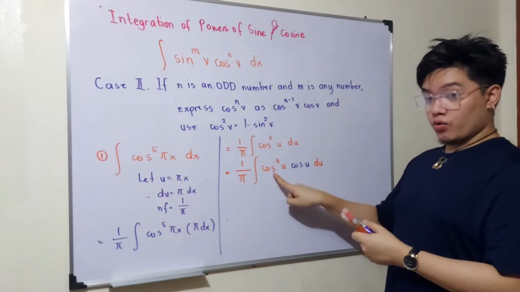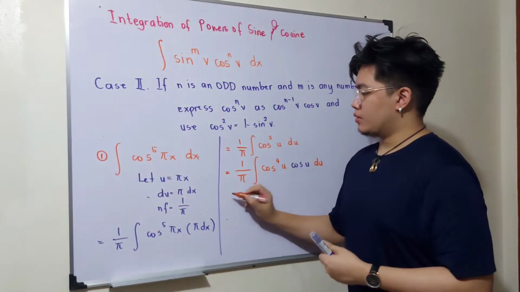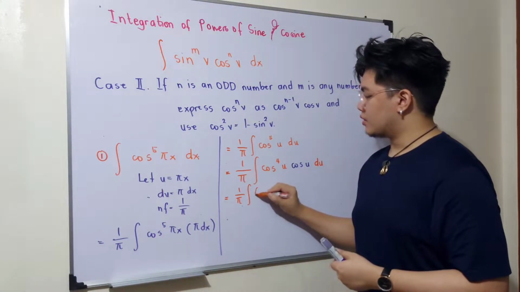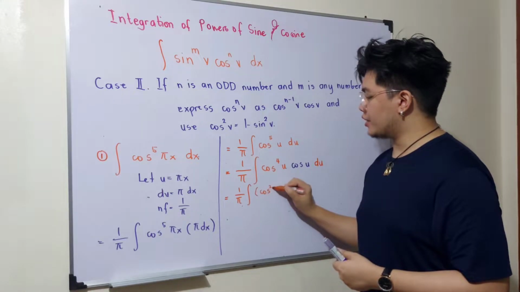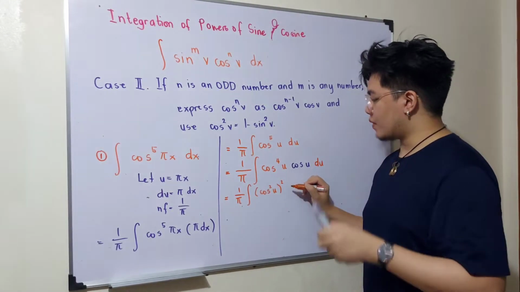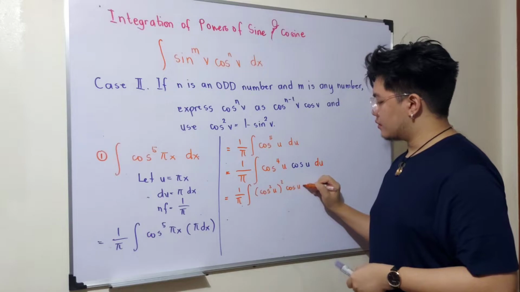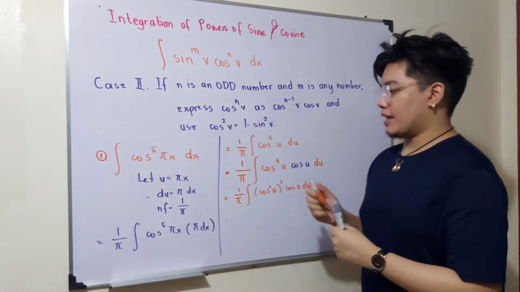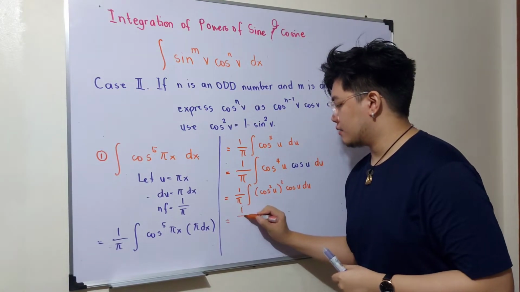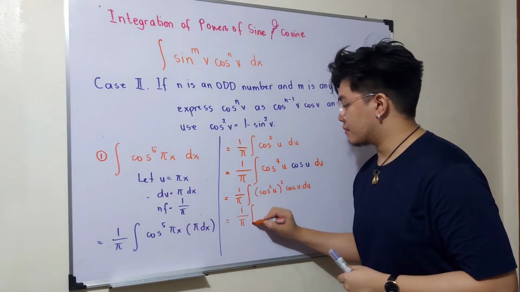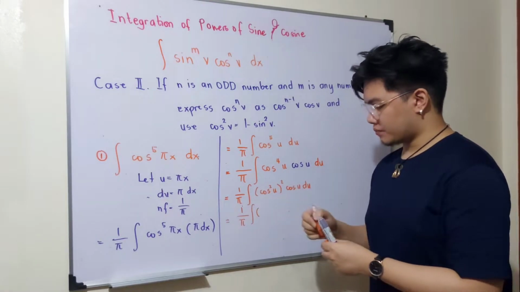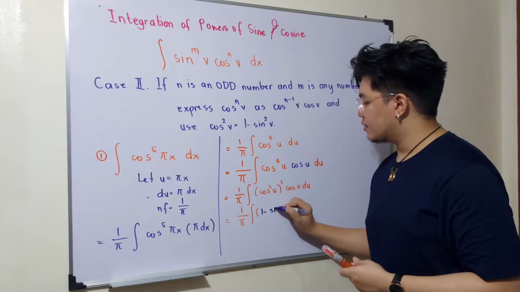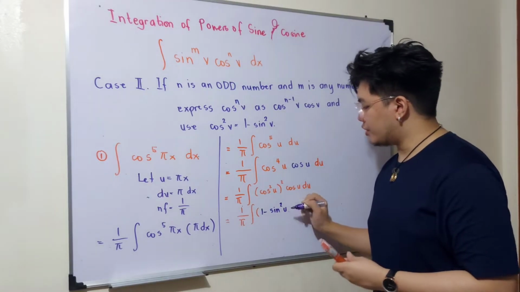So, ngayon ito, gawin natin ganito. So, that is cosine squared u tas quantity square. And then, dito, lalagay na natin yung equivalent. Oh, we have 1 minus sine squared u.